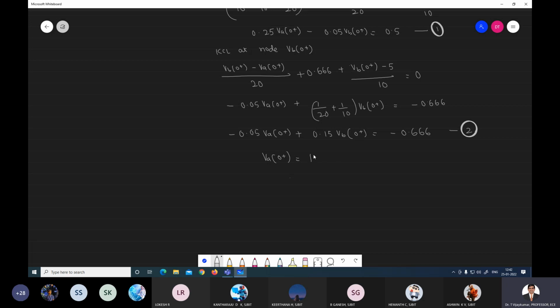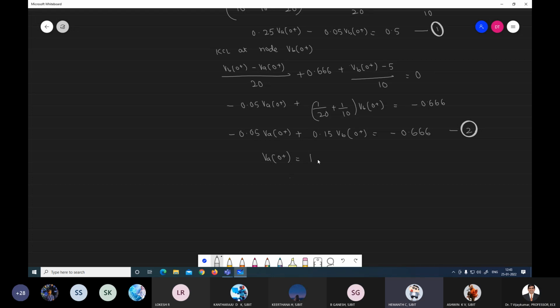But we have to also consider the 5 by 10 term, since we took VB0 plus minus 5 by 10.